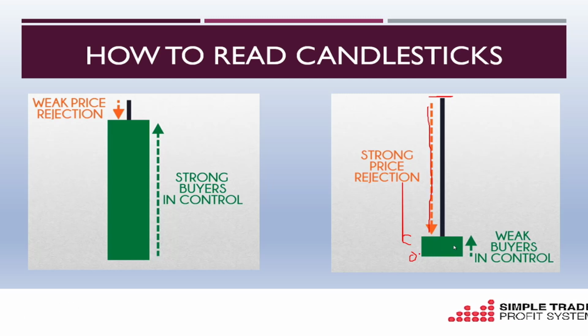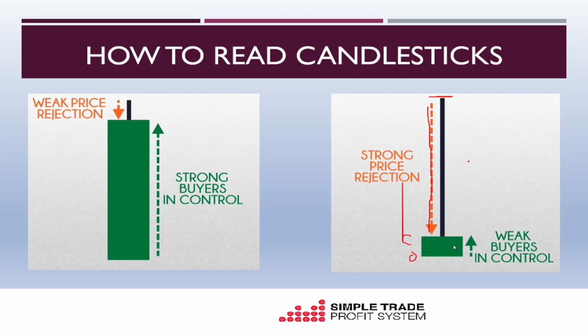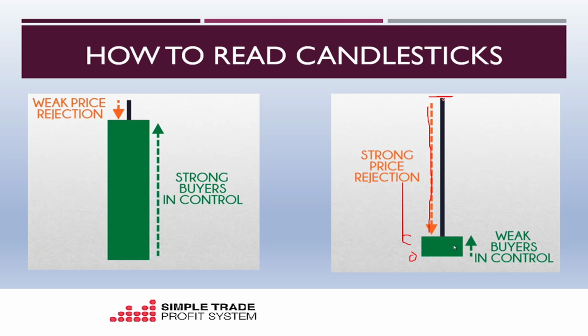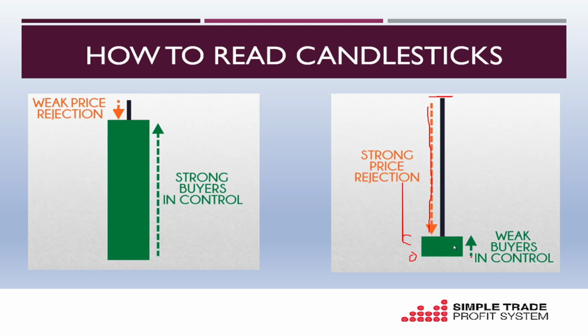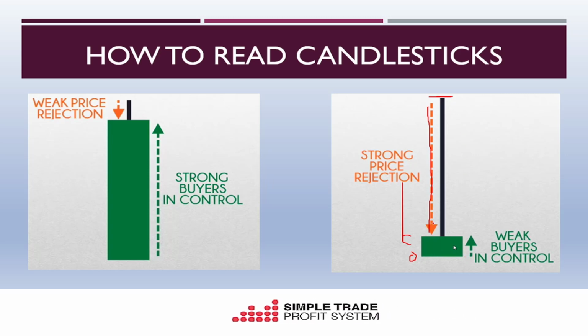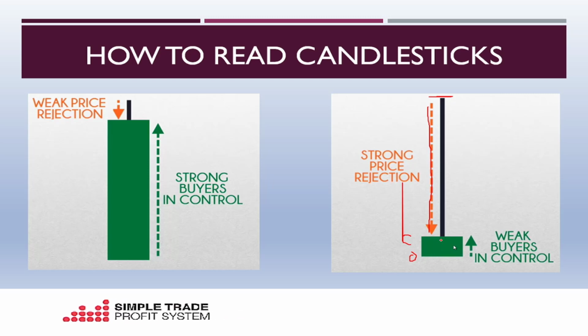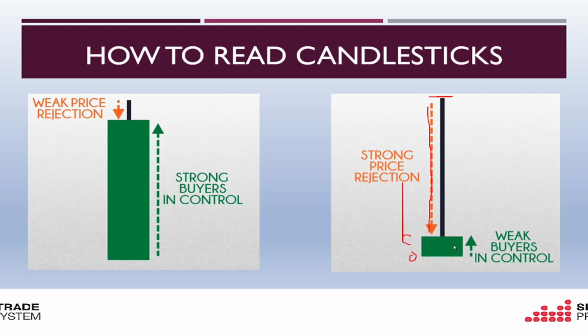So although this is a bullish candle, this is a very bearish sign. This means that there was strong rejection from this price up here. The buyers that were buying here were outnumbered. There were weak buyers. The buyers were not in control of this session. The bears were definitely in control, although it was a bullish candle.